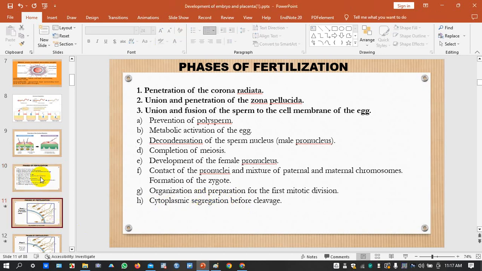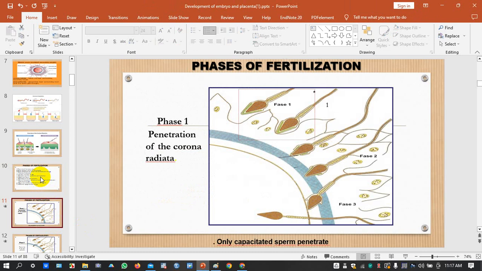So let's see the events. So phase 1, I've explained this already. Phase 1, you can see the egg entering the corona radiata, the sperm entering the corona radiata. Phase 2, the sperm contacts or enters the zona pellucida, which is this.